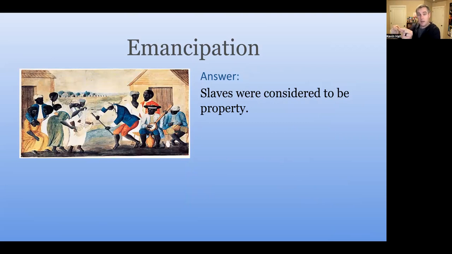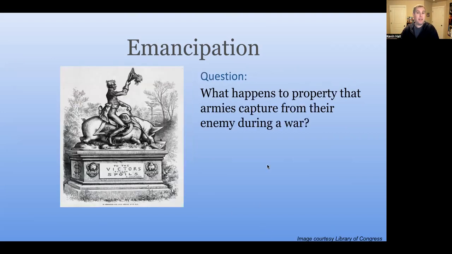You're saying that these are property, right? And so in the South, they'd be like, yeah, we own them. They're ours. Slaves are our property. So Lincoln's like, all right, I totally disagree with that, but that's what you're saying, right? That slaves are your property. Okay, let's work with that.